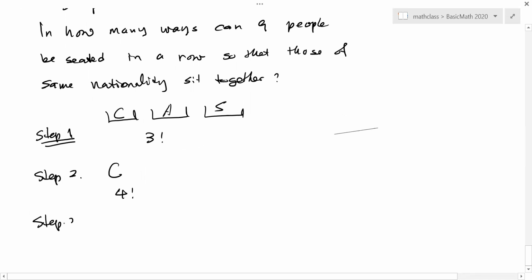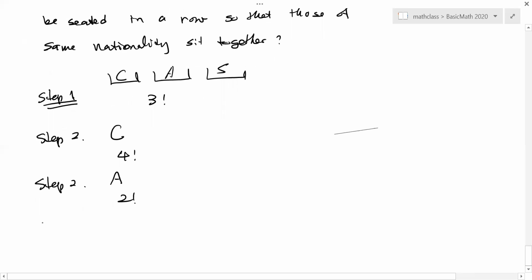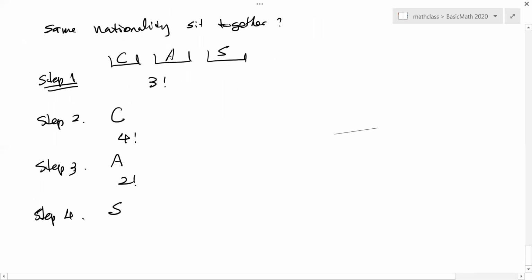Step 3: for the group of Americans, that's 2 factorial, because there are 2 Americans who can switch the order. Step 4: the Spanish. There are 3 Spanish, so 3 factorial arrangements. In total, you go through 4 steps. Step 1, you decide which group sits first and which sits second, 3 factorial in total. Then for each group you do the permutation.